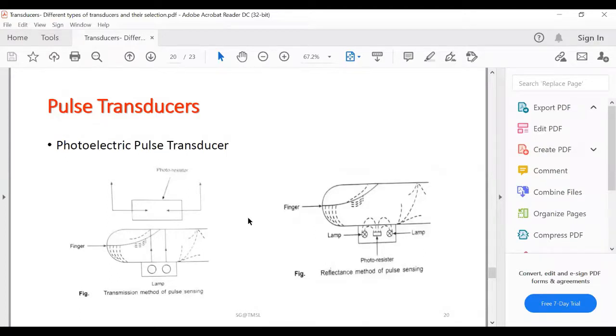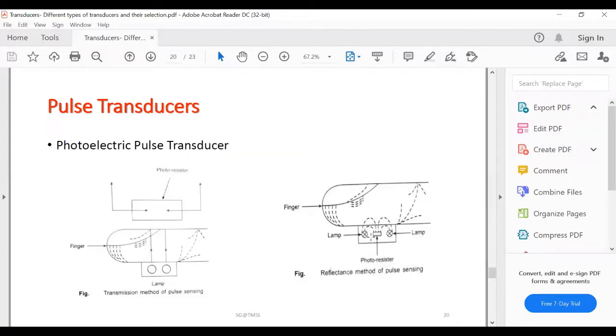On the right hand side is the reflectance method. Here the photoresistor is placed adjacent to the lamp. Only a part of the light rays emitted by the lamp is reflected and scattered from the skin and tissue, and made to fall on this photoresistor.